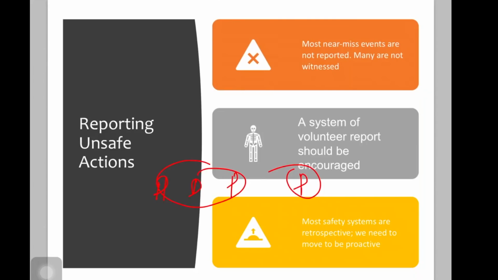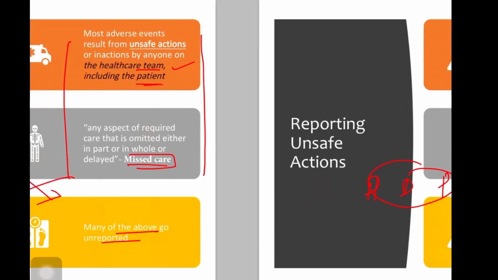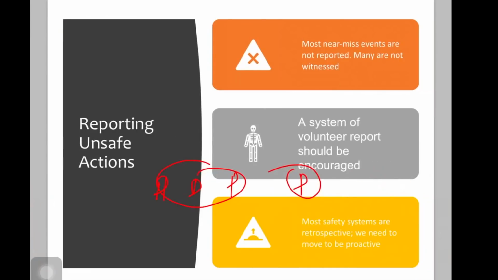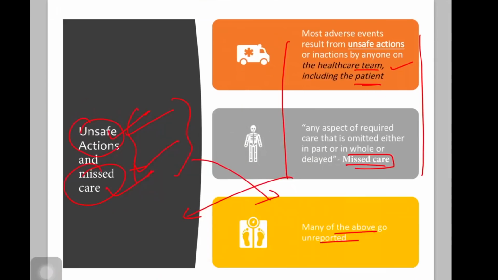Now, the issue is that even if these unsafe actions and missed care are reported, they are reported after those things happened, not during the events, unless the events are so big that they go into the news.